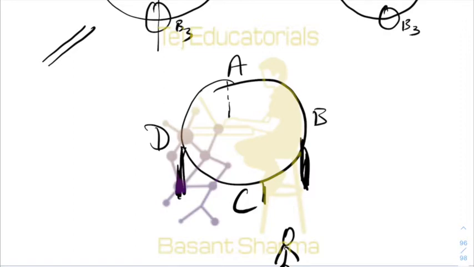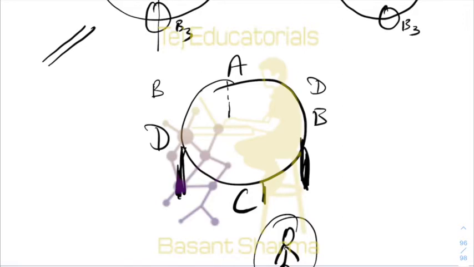Okay, now you can't flip, you can't take the table and flip it. You get my point? You can't take a table and flip it. So this arrangement is different from the arrangement which is this. Okay, so for this person, these two arrangements are different.